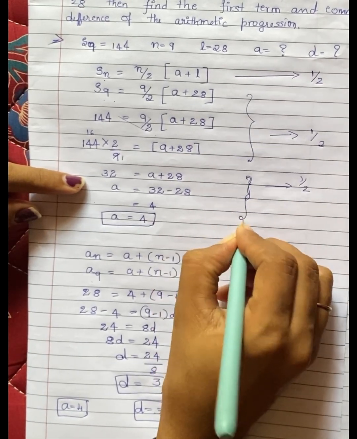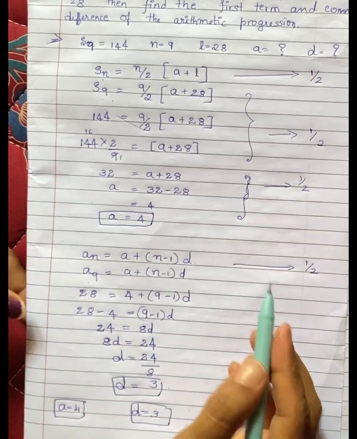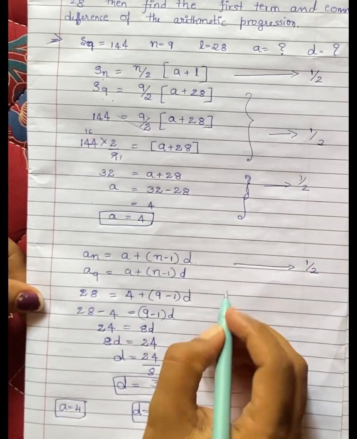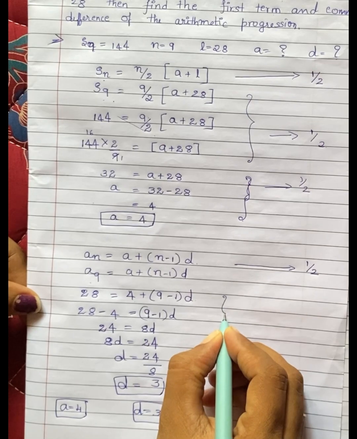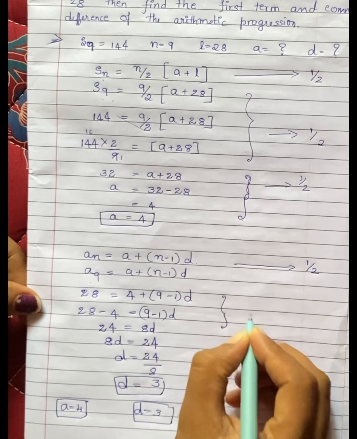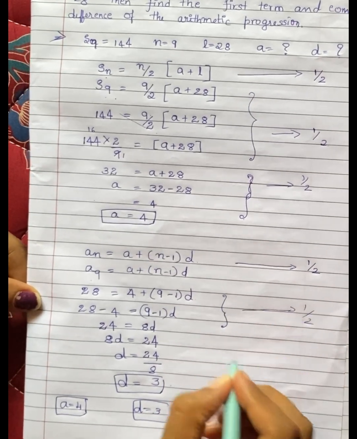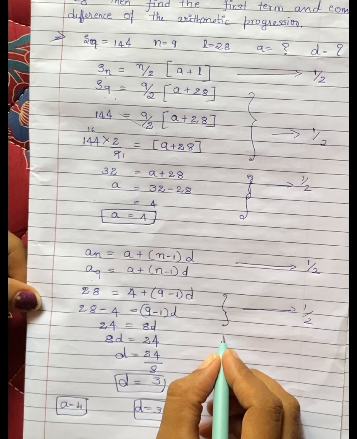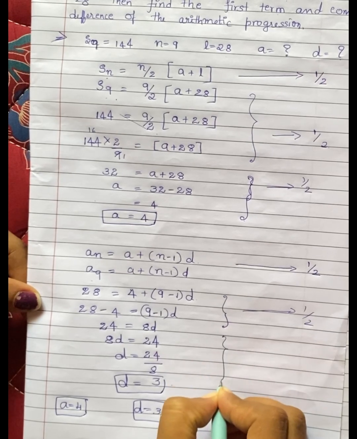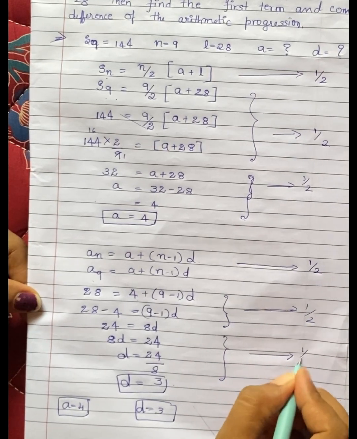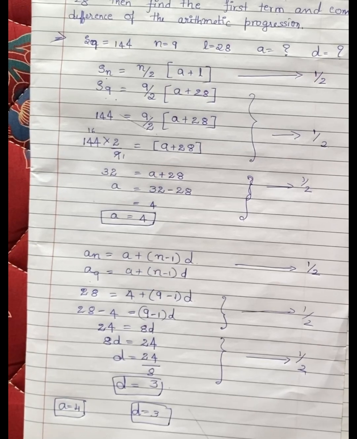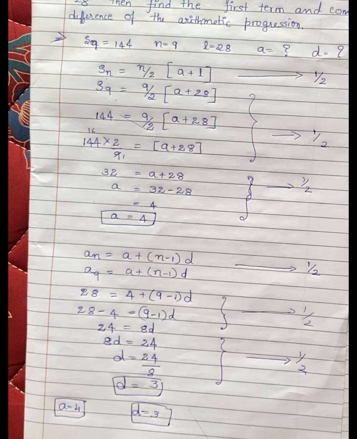Till the value of A, you have half a mark. That is 2 is over. Till finding the value of D carries half a mark. So this is how they have distributed the marks.